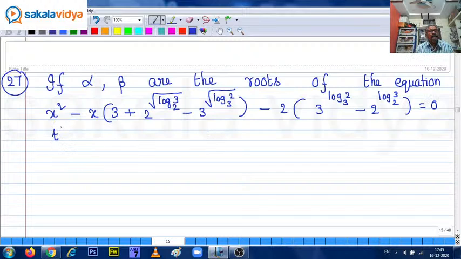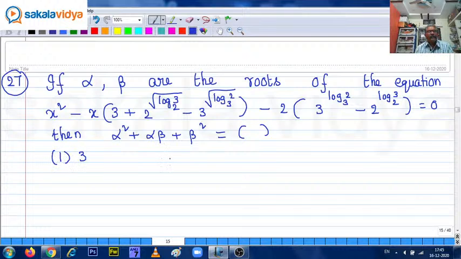Then alpha square plus alpha beta plus beta square equals to: first option 3, second option 5, third option 7, fourth option 11.